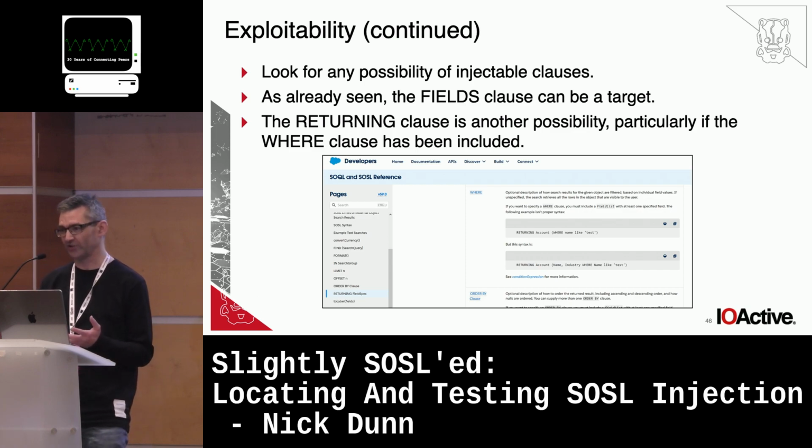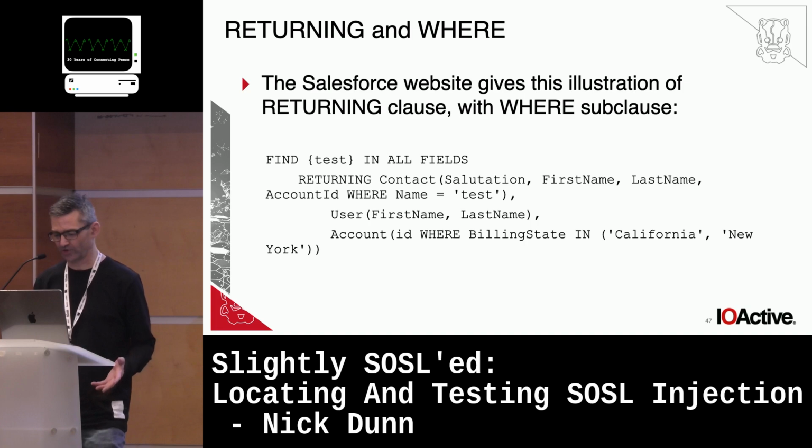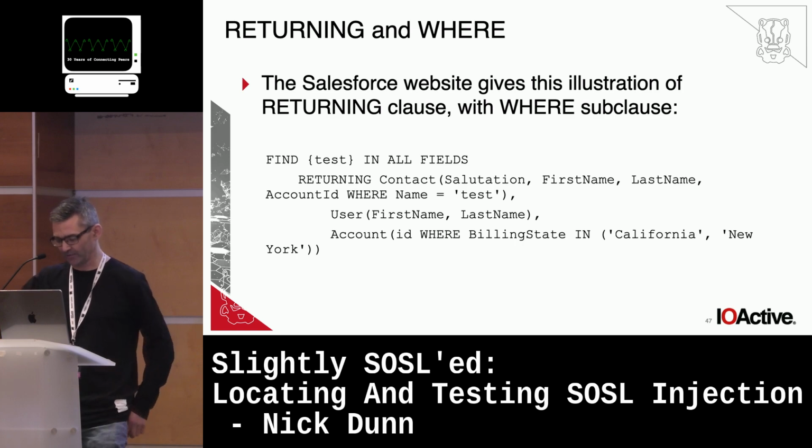So it has a returning clause, which, again, you might find that dynamic code's been constructed around this where clause, which looks like this. So using the returning with a where clause, it can have some additional search values within there, which again could be injectable depending on sanitization.